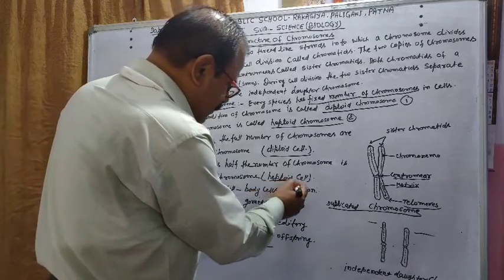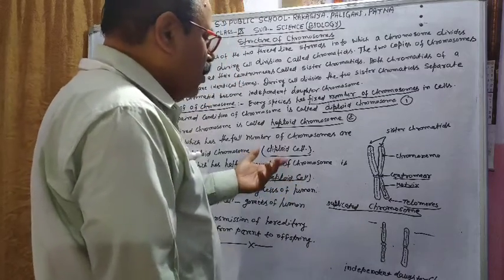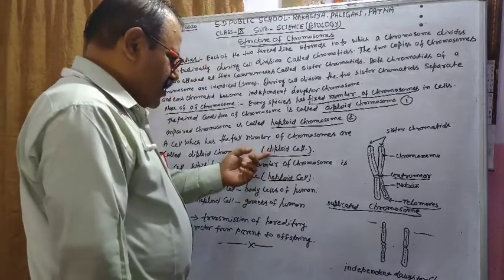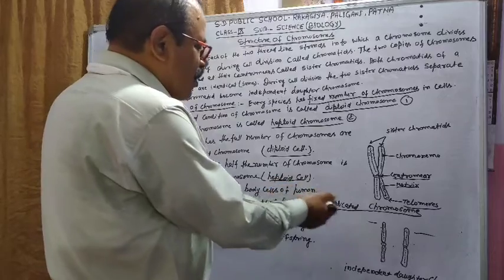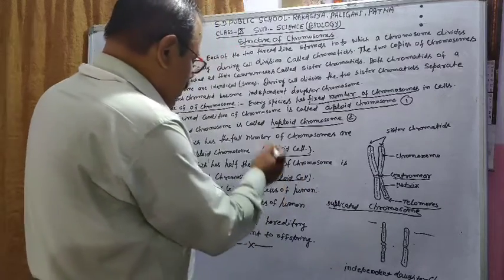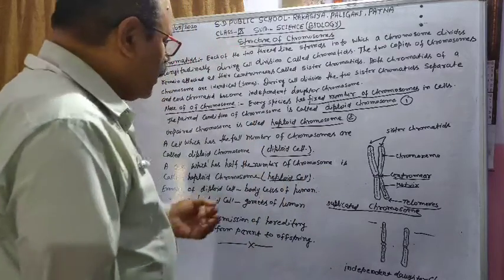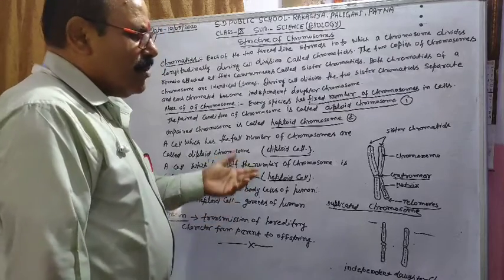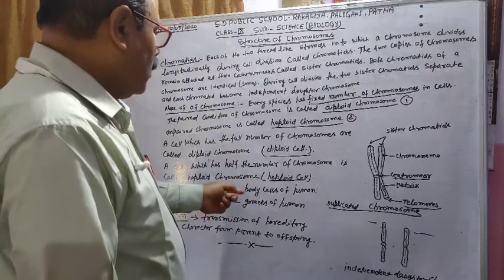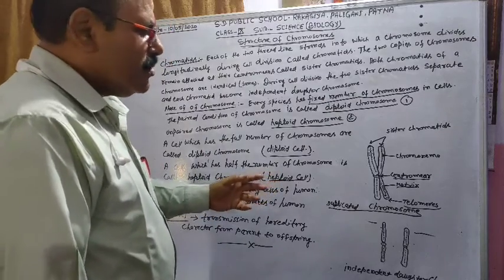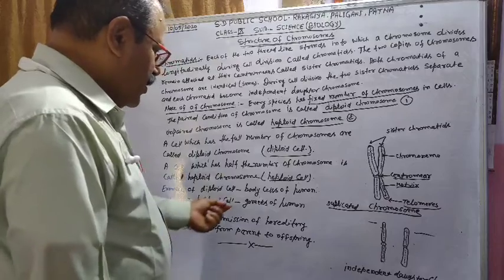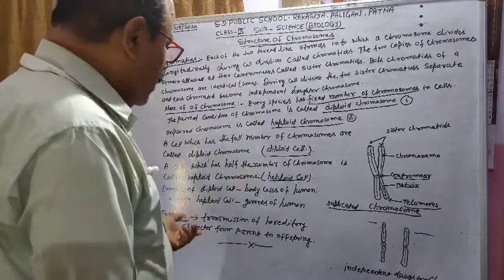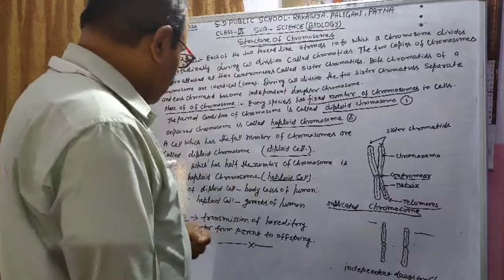A cell whose chromosome number is full is diploid, and a cell whose chromosome number is half is haploid.